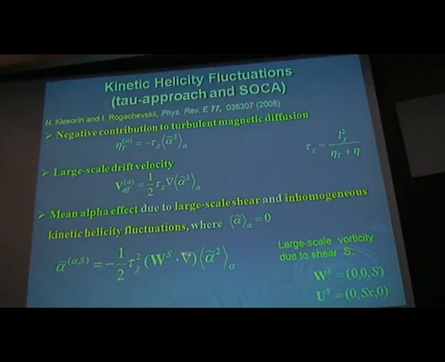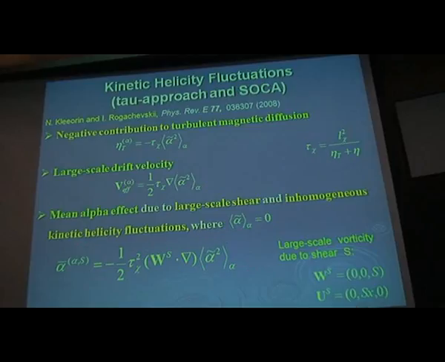So the alpha effect is caused by these derivatives of the alpha squared fluctuations. In combination with the shear flow, this effect causes a large-scale dynamo. This effect was first discussed by Sokoloff in 2000, but I agree with Mike that it's difficult to extract even this result from that paper.